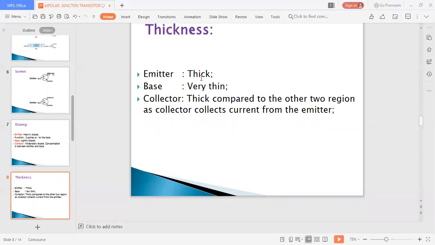The thickness of emitter is greater than base, that is, it is thick. The base is very thin compared to the emitter and collector, and the collector is very thick compared to the two regions, that is emitter and the base. As collector collects electrons from the emitter and base, it is thick.